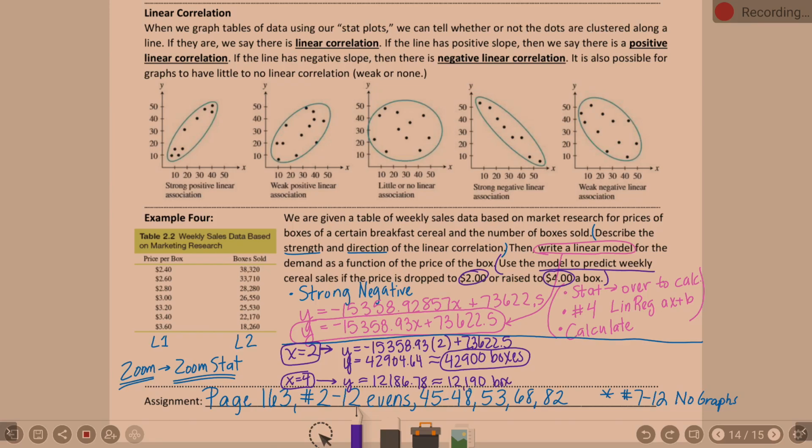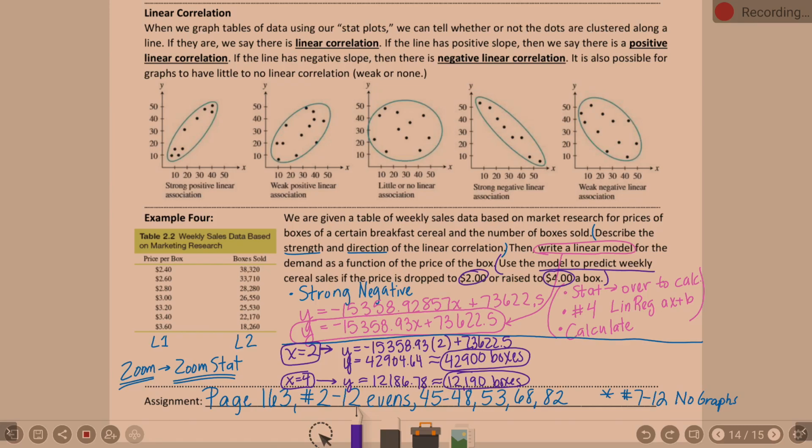As long as you're in that area, it's good. Okay, 12,187 boxes. Okay. Questions there? Do we figure everything out?